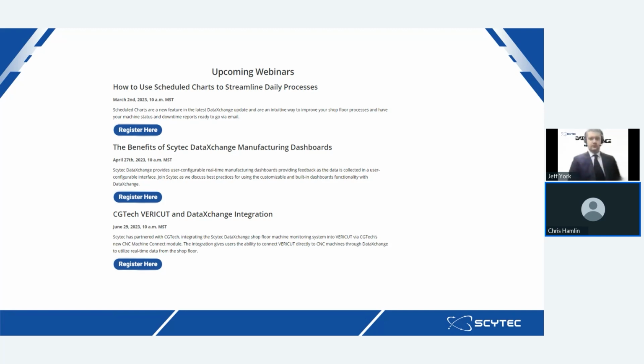It's not a feature that is included in the DataXchange client. As we transition to a mobile product and something a little more flexible for the users, the newer features are going to be added into the web and mobile-based apps going forward.